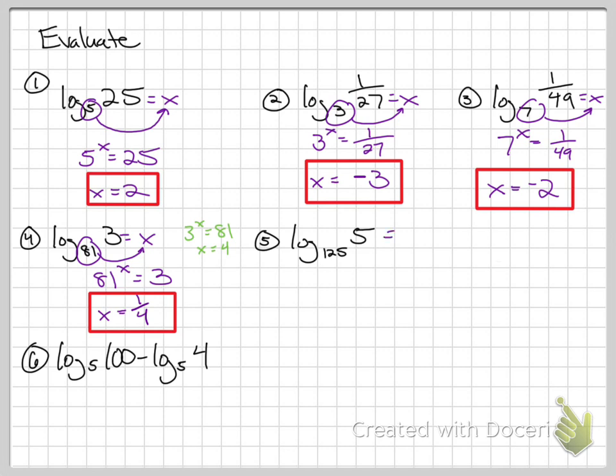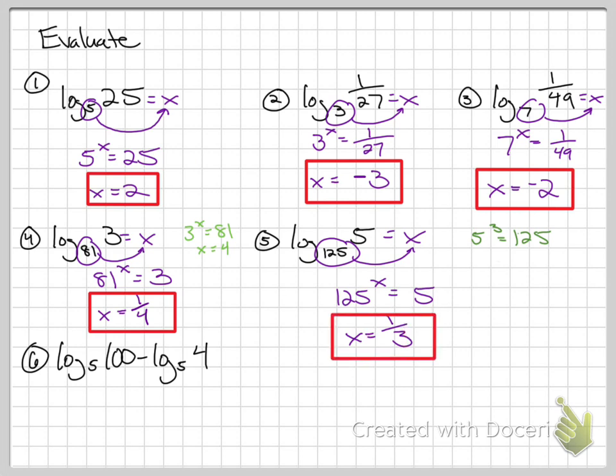Number 5. See if you can do number 5. The base is bigger, so it's going to be a fraction for an answer. Because if it was the other way, 5 cubed is 125. So if the base is 125, the answer must be 1/3, the cube root of 125. Number 6 is kind of putting some stuff together.